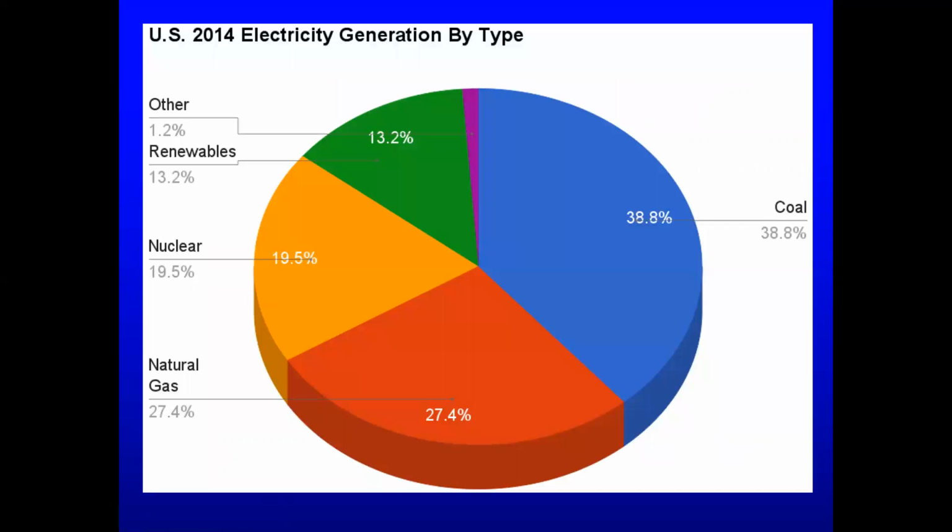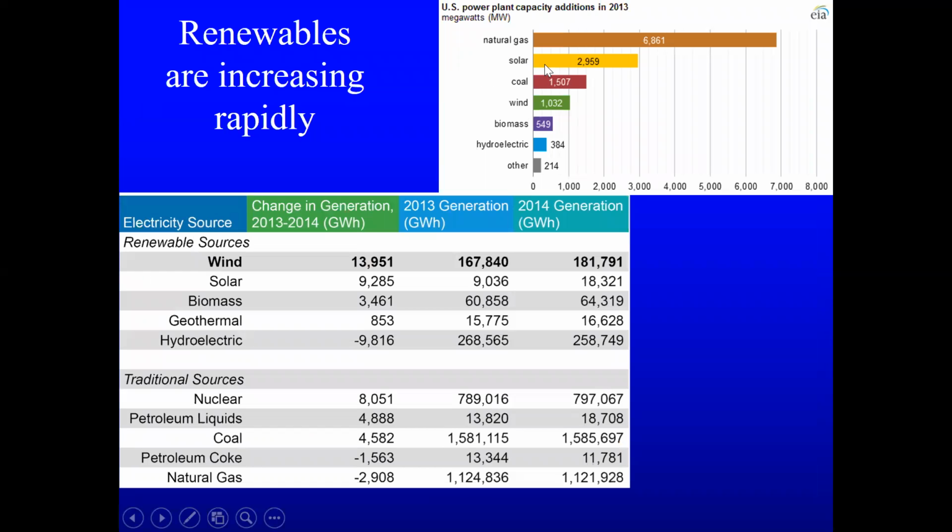All right, and you've seen this one before, but just our 2014 electricity generation by type, and coal is dropping. The 2018 or 2019 coal generation, I believe, is down, maybe close to 31% now. So that is good. What's replacing it is natural gas and those renewables. All right, so this graphic kind of shows that renewables are increasing rapidly.